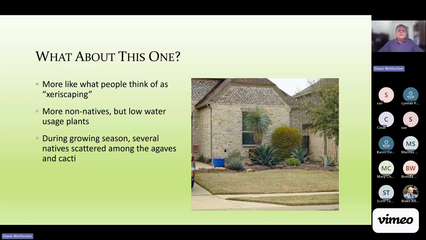But those are still low water usage plants, so they're actually really pretty good because they have survived through freezes and droughts and all sorts of things. During the growing season, this homeowner puts in a lot of native plants scattered in amongst the agaves and cacti. And so in the summertime, it's pretty colorful as well. It's a pretty neat little landscape, right?